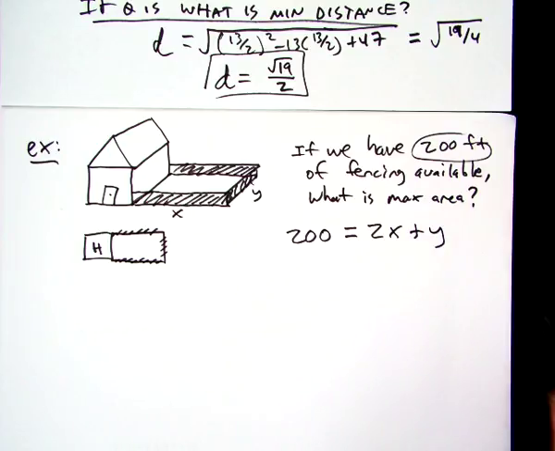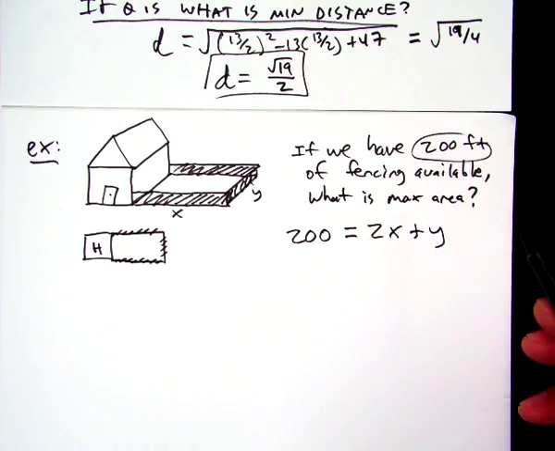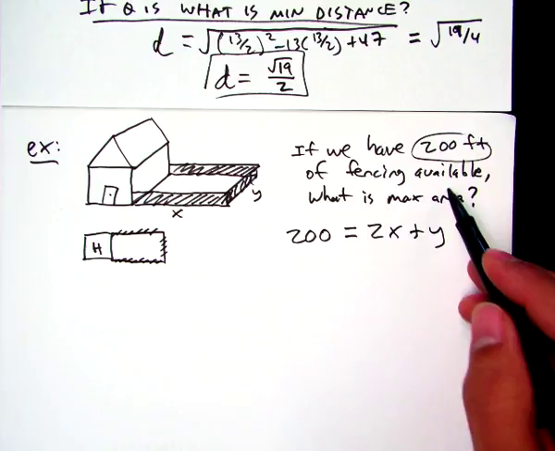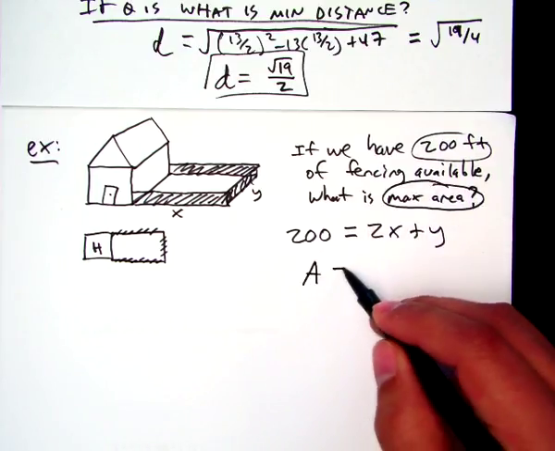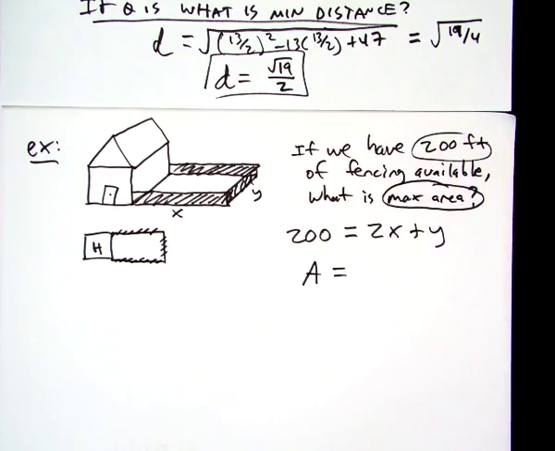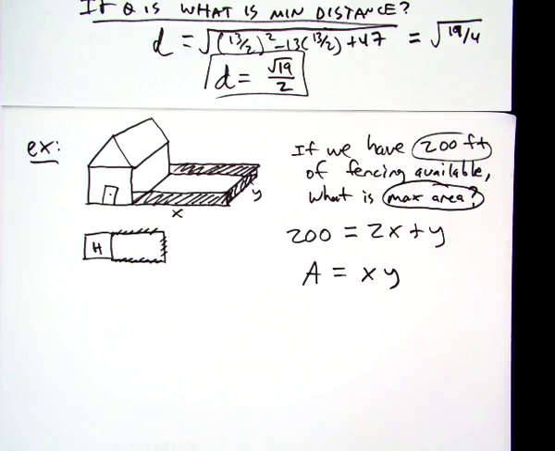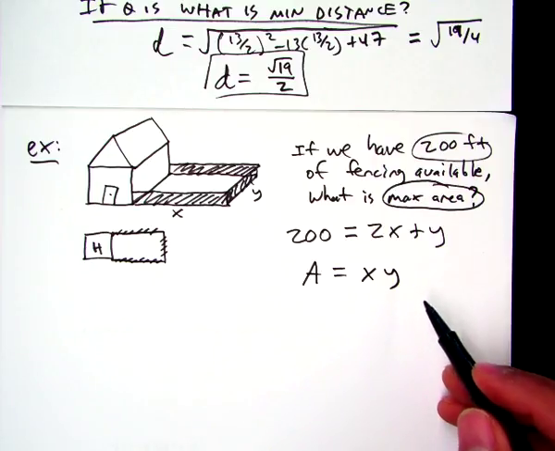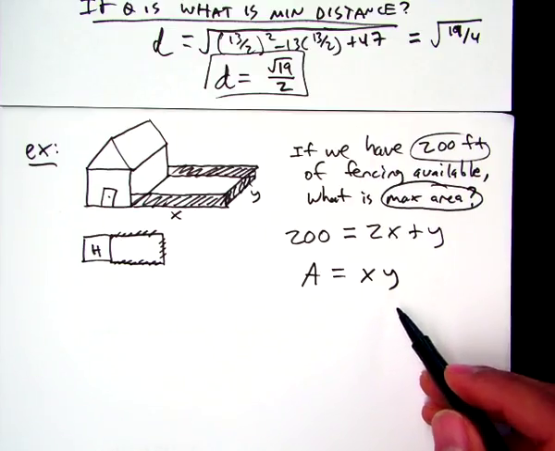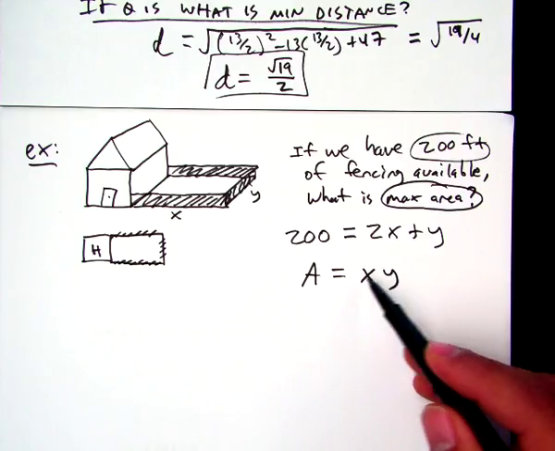So this is what we know, right? What are we interested in? Maximum area. So let's write down the area for that rectangular yard. What would the area be? X times y. We don't like things with two variables because this is not multivariable calculus. We just want things with one variable. Is there a way that we can maybe rewrite x times y as something else?